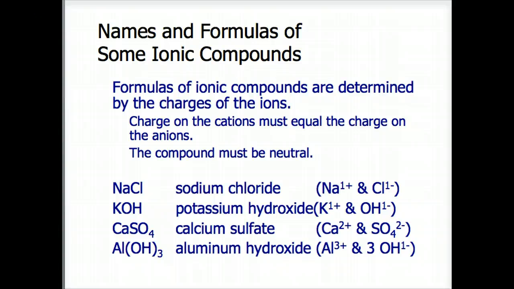You should also be able to see that for calcium with a +2 and sulfate with a -2. And if aluminum is +3, which it always is, and OH is a -1, I'd have to have 3 OHs to get 3 minus charges, so the plus charge of 3 and the minus charge of 3 equal 0.